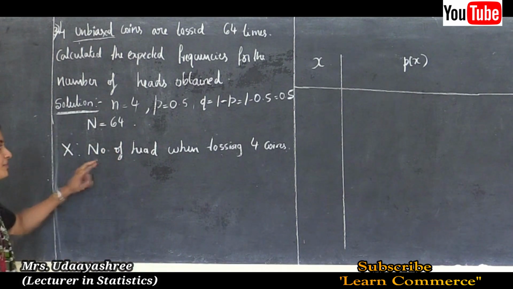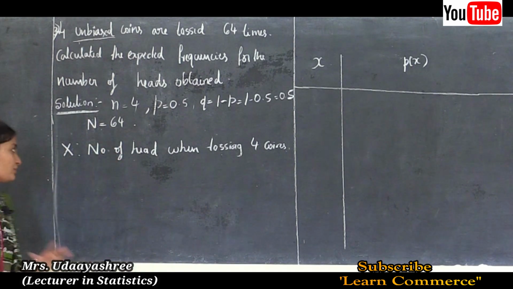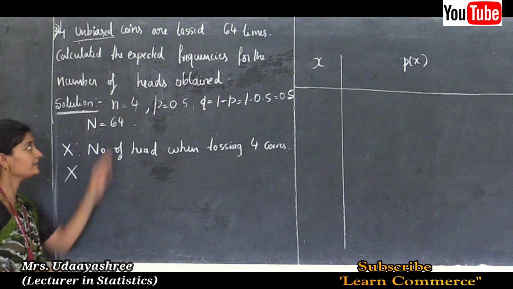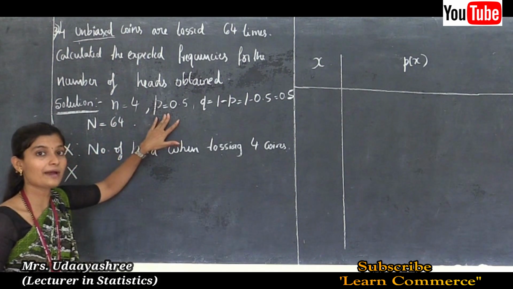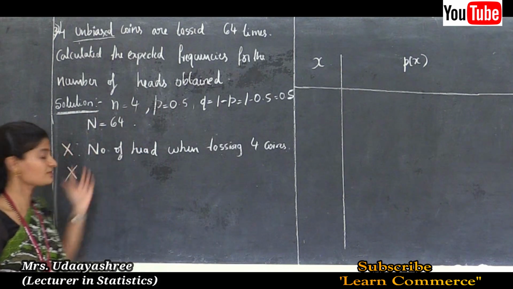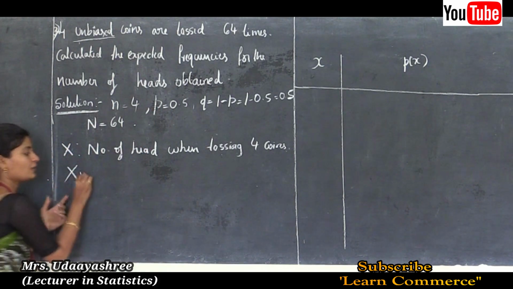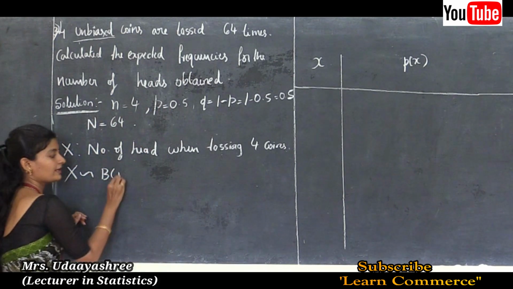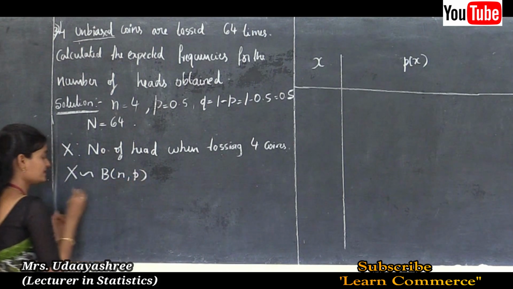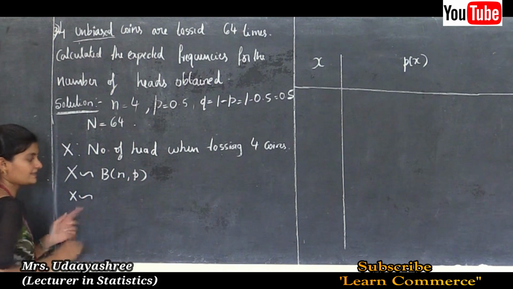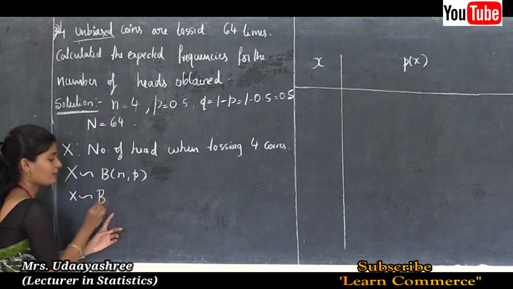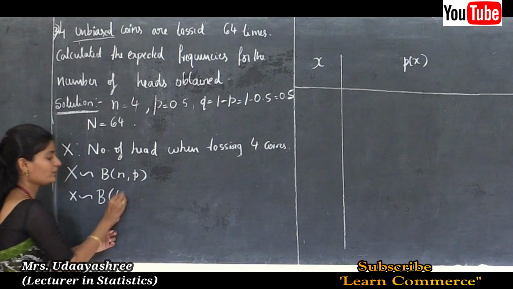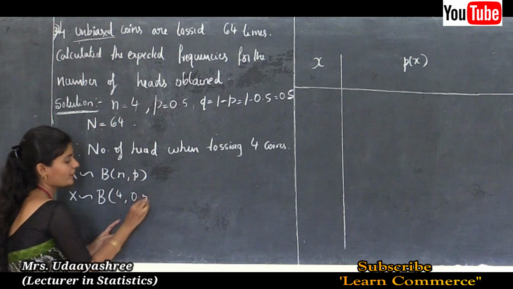Then we know that n and p are given, so n and p are parameters of the binomial distribution. So we can write x follows binomial with n and p, that is, x follows binomial with n is 4 and p is 0.5.